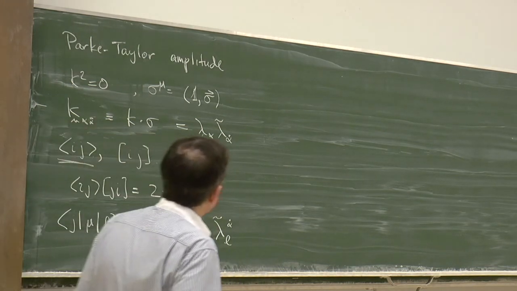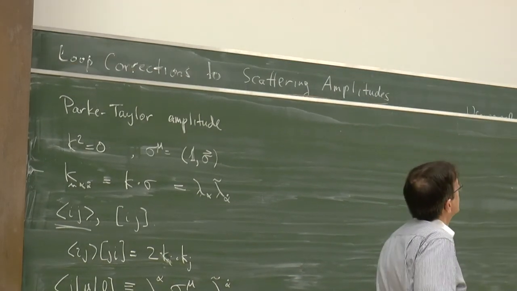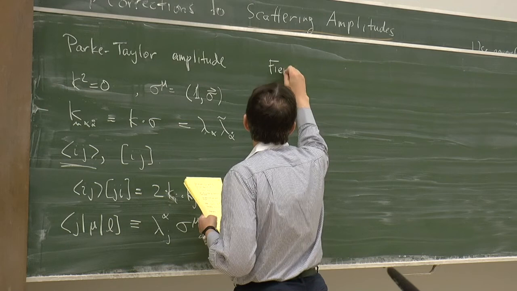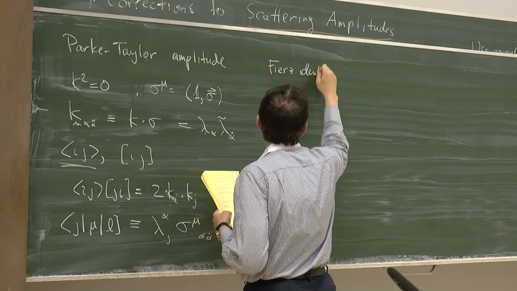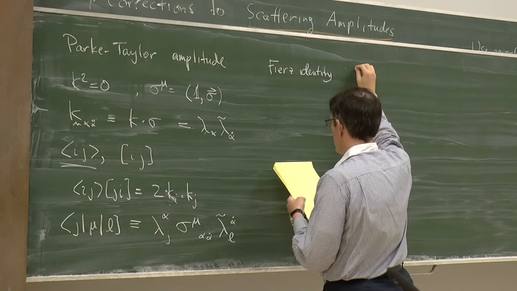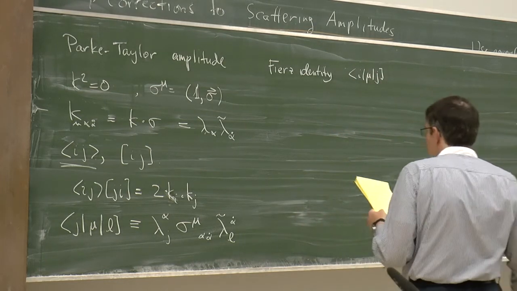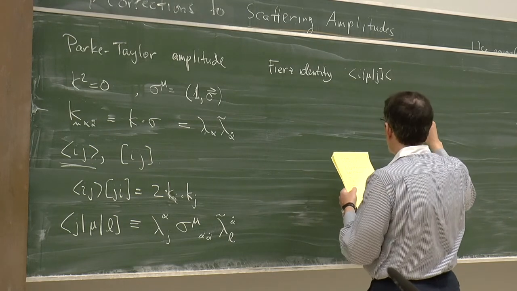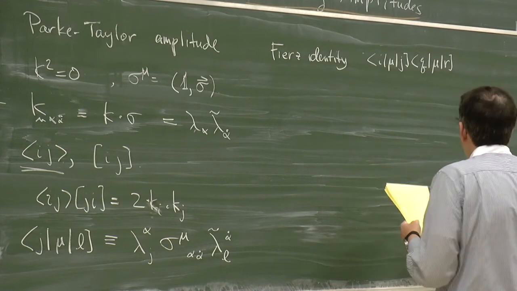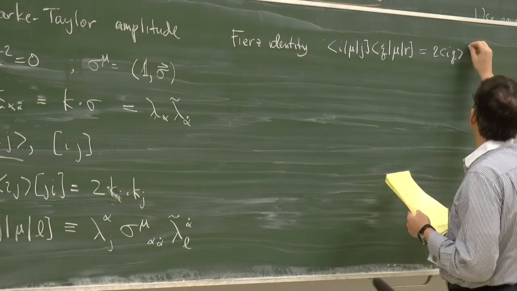There are a number of identities that you can play with, and the two that are probably the most useful in actually doing calculations are the Fierz identity, which in this notation would read as follows: the vector built out of i and j contracted with the vector built out of q and r will give you the thing that you might have guessed it had to give you.